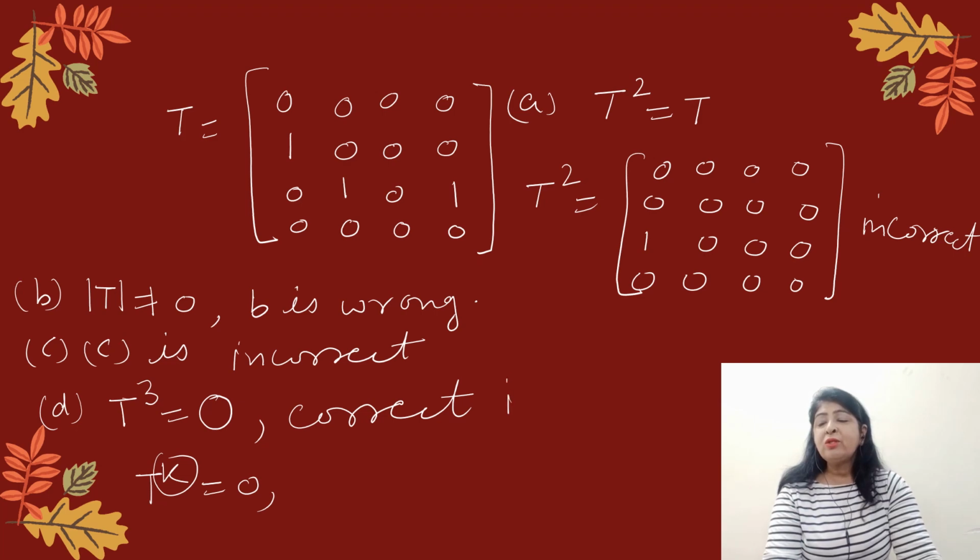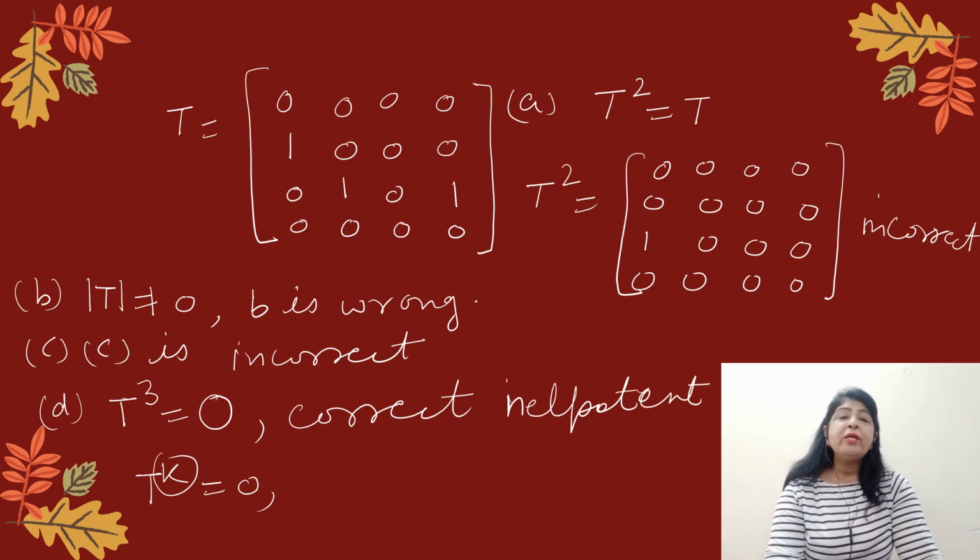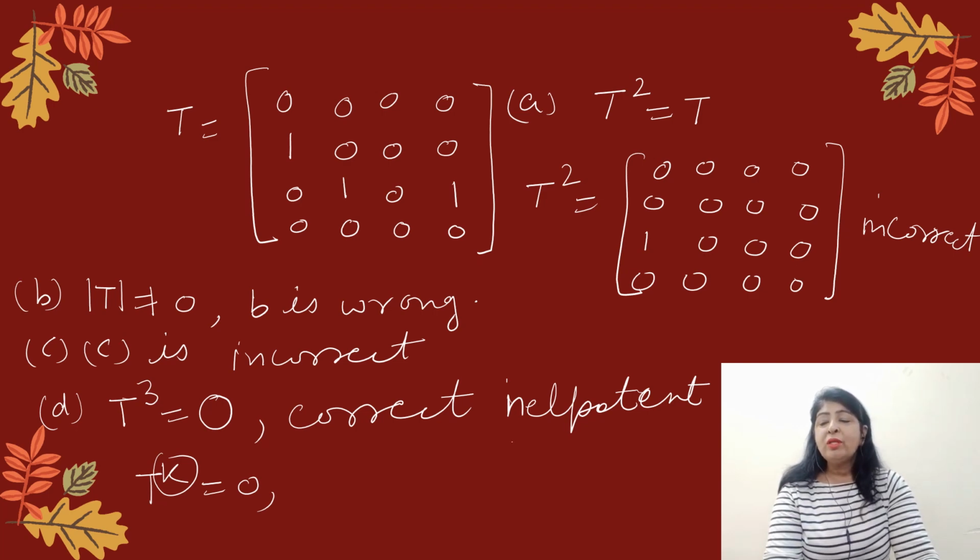This is correct, so this is nilpotent. So first was idempotent, for which you should have T square equal to T, which is wrong. Then for invertible, determinant of T should not be 0, which is wrong. Third, rank of T comes out to be 2. And the last one is T cube is equal to 0, so this is nilpotent. So option D is correct.